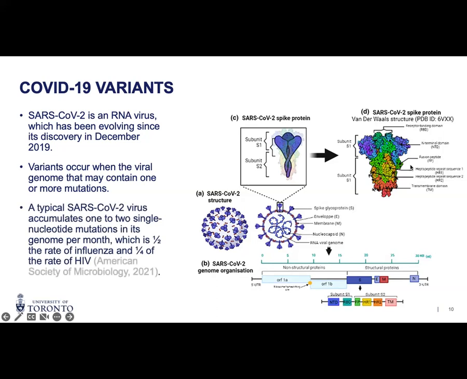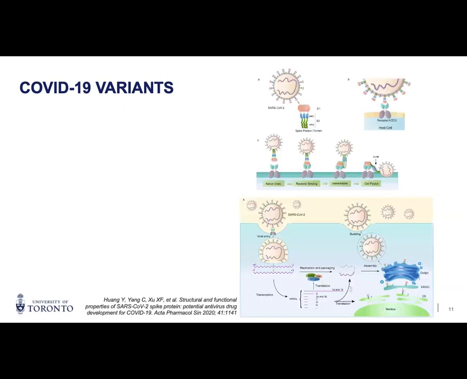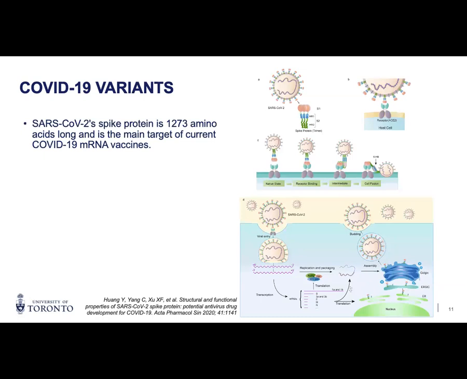So a typical SARS-CoV-2 virus accumulates 1 to 2 nucleotide mutations in its genome per month, which is about half the rate of influenza and a quarter of the rate of HIV. SARS-CoV-2 spike protein is about 1,273 amino acids long and is the main target of the current COVID-19 mRNA vaccines.